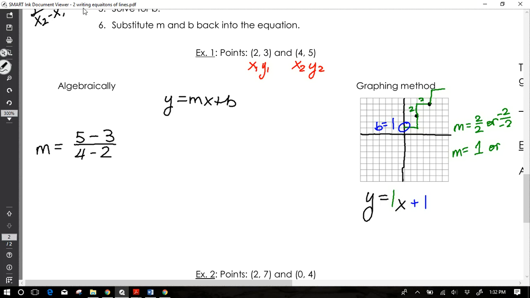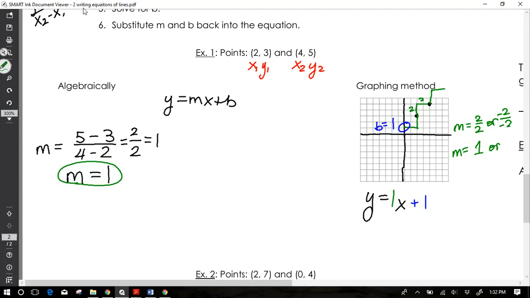And we are going to simplify this. 5 minus 3 is 2, 4 minus 2 is 2, and that equals 1. So now I know that m equals 1. I'm going to circle this in green because I've been using green to represent my slope.